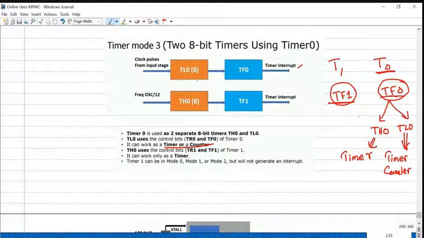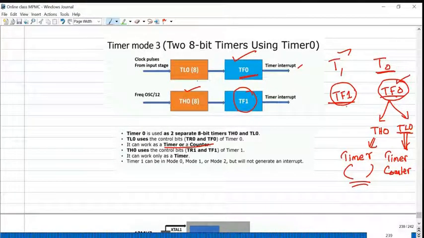Now what is the principle here? Timer 0, particularly TL0, utilizes the overflow flag bit of timer 0 itself. The TL0 timer utilizes the overflow flag of the T0 flag bit only. And TH0 acts as a timer, so it needs one flag bit. So this timer TH0 uses the timer 1 overflow flag bit.